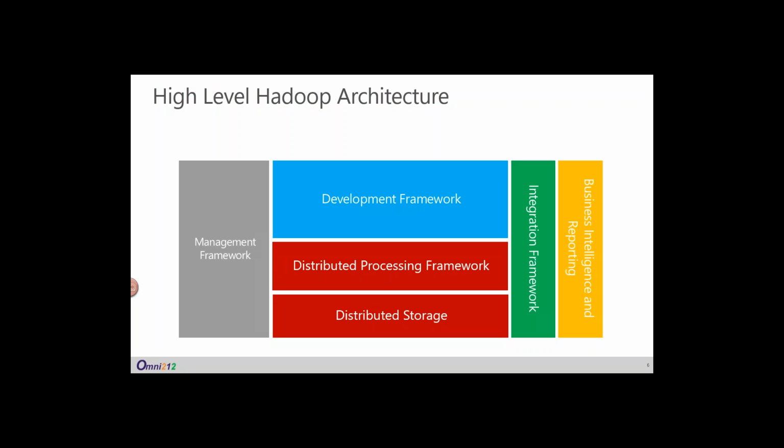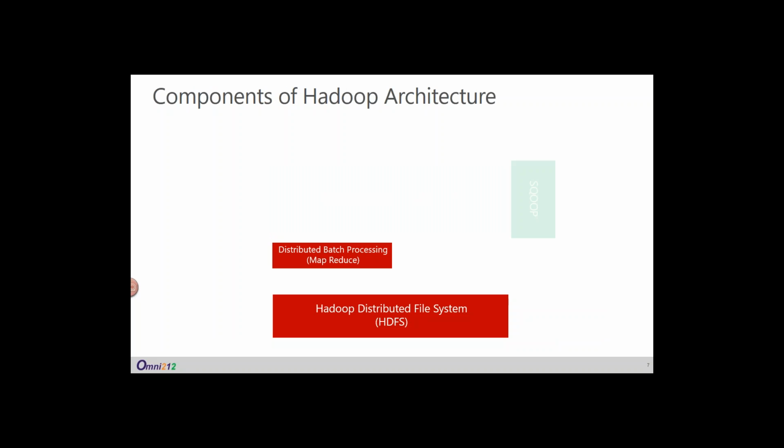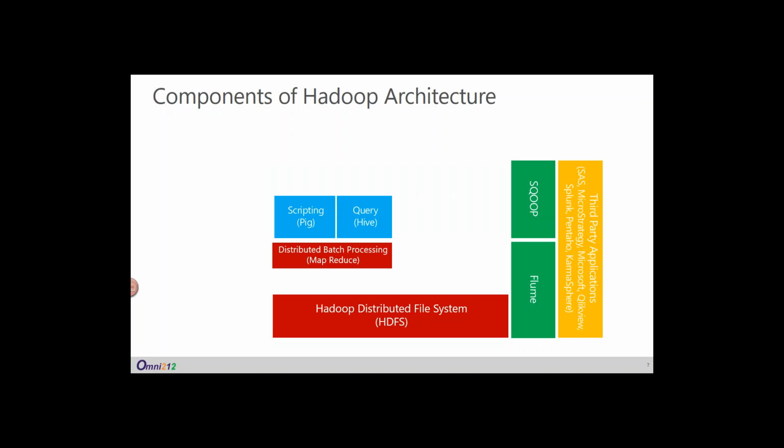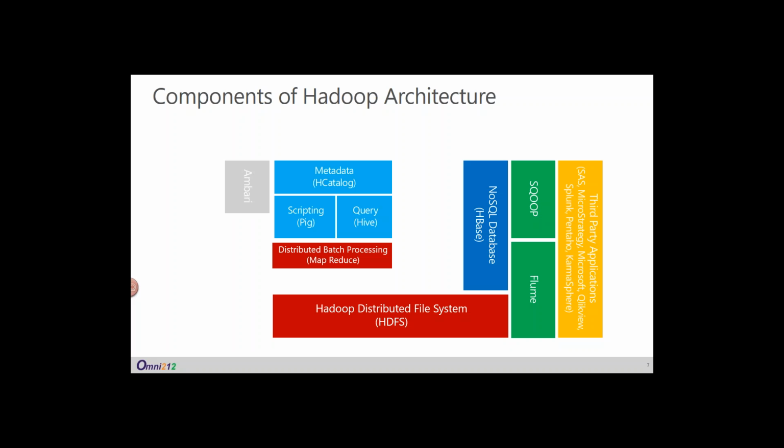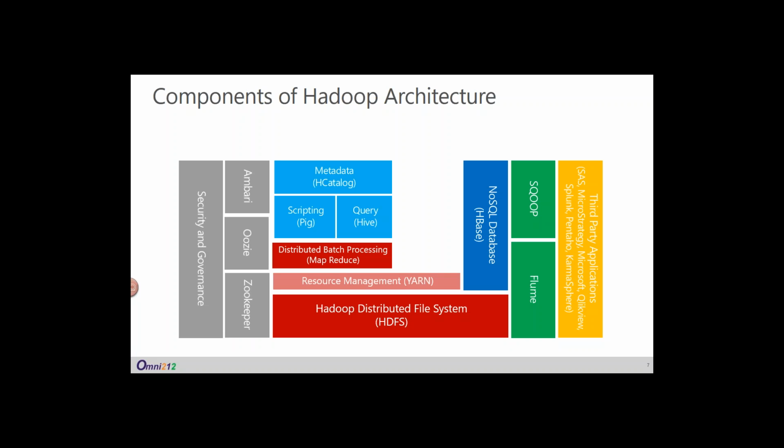Here is a detailed drill-down view of the Hadoop architecture. The core components, which are shown in red color: the distributed storage framework. Hadoop uses Hadoop Distributed File System, or HDFS, to store data.